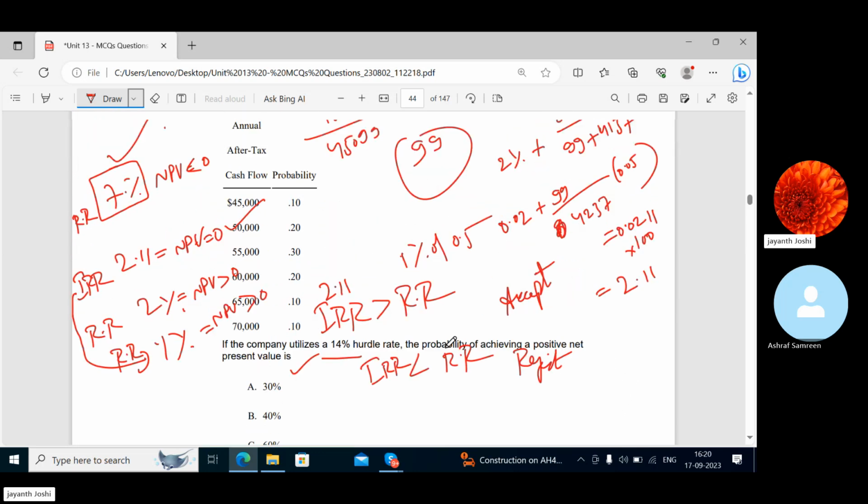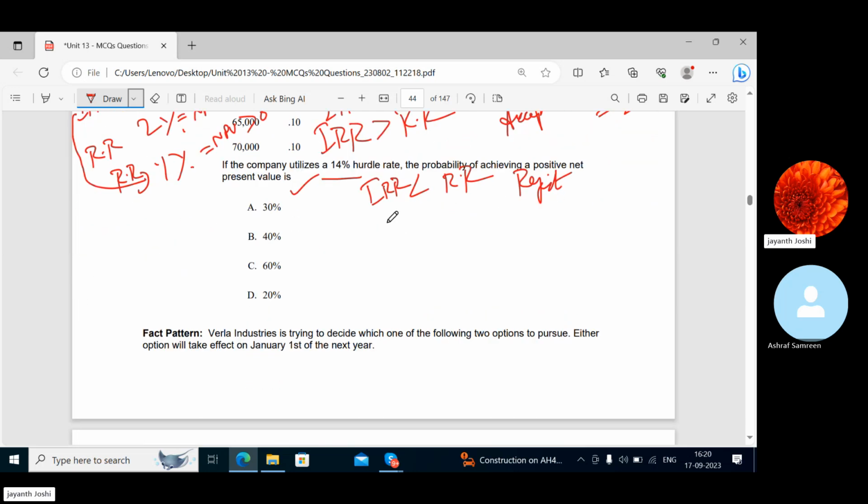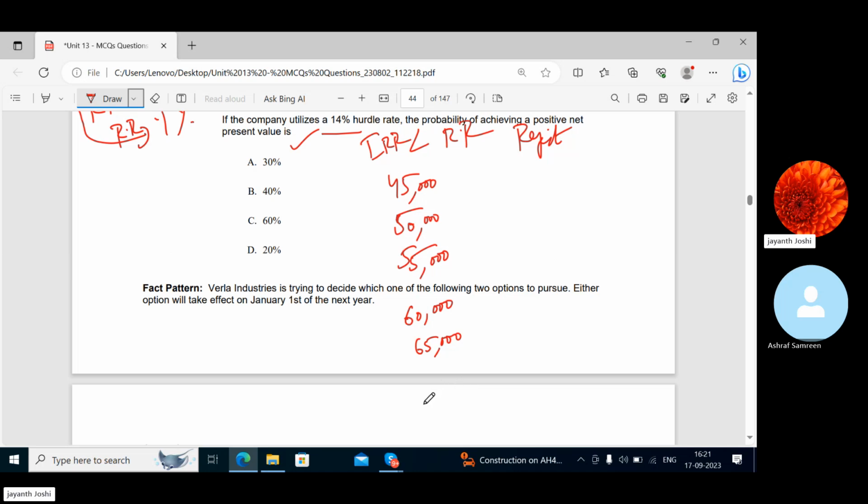Cash flows are 45,000, 50,000, 55,000, 60,000, 65,000, 70,000.